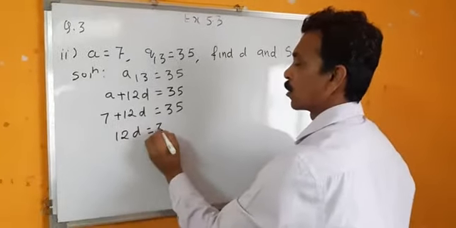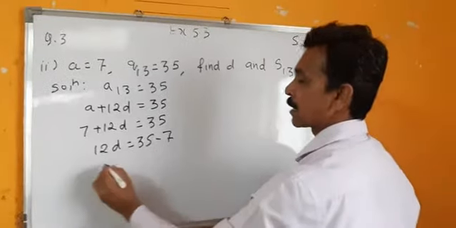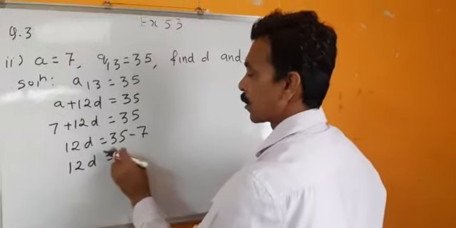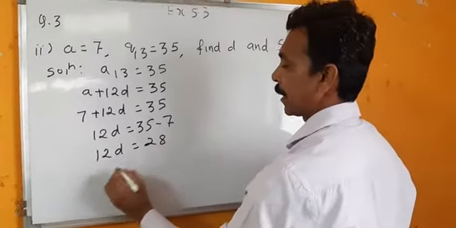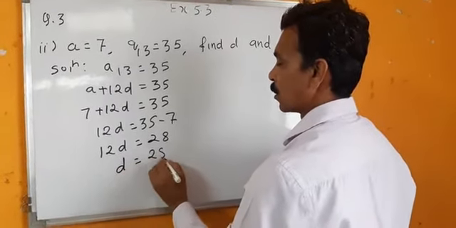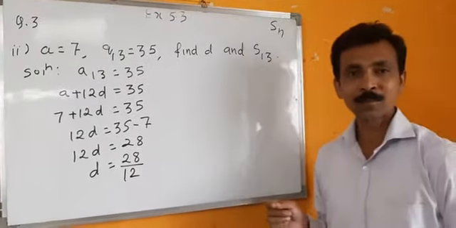a is 7, so 7 plus 12d is equal to 35. 12d is equal to 35, and 7 comes on the right hand side, becoming minus 7. 12d is equal to 35 minus 7, which is 28. d is equal to 28 upon 12. Can we reduce it? Yes.